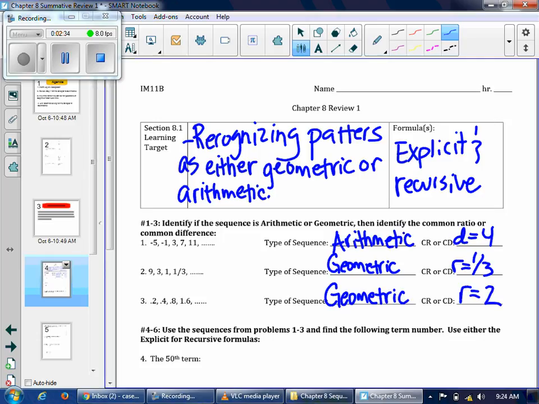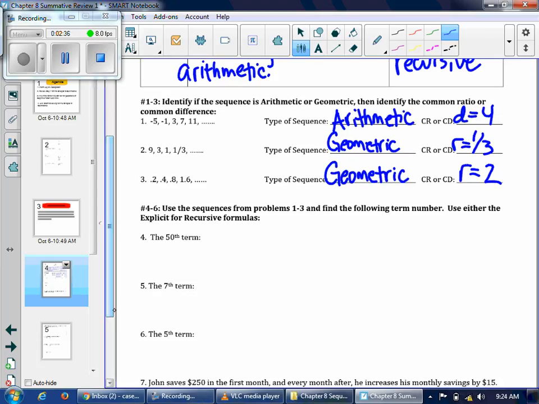Okay, for number 4 through 6, you have to use the formulas and the sequences from number 1, 2, and 3 to find the indicated term. If you're finding the 50th term, that term is really far down the road. So you are going to use the explicit formula along with the sequence from number 1.